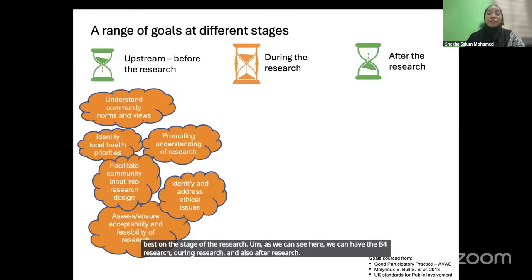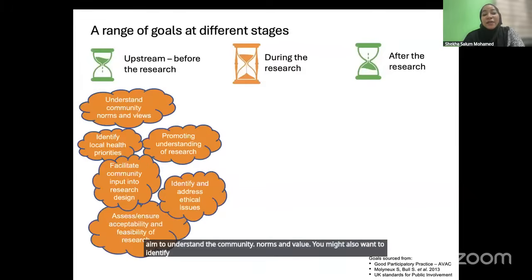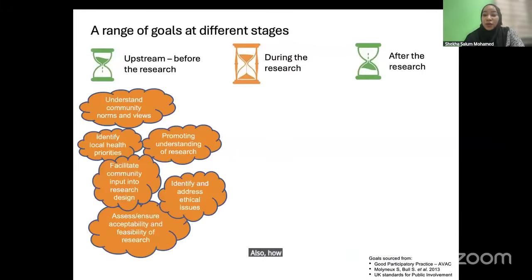Before research, the main goal could be to understand the community norms and values. You might also want to identify the local health priorities of that particular community, or see how we can promote understanding of the research you want to do in that community, but also how ethical the idea is to that community.